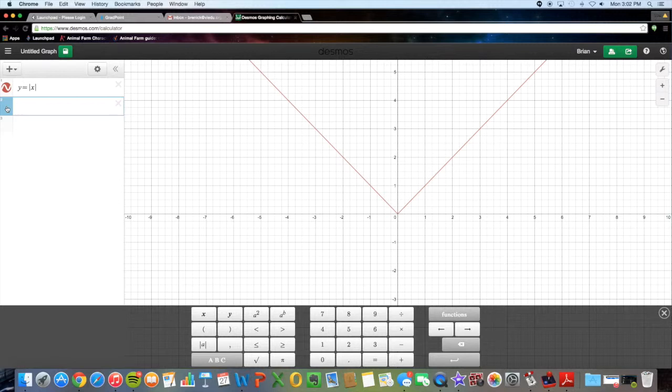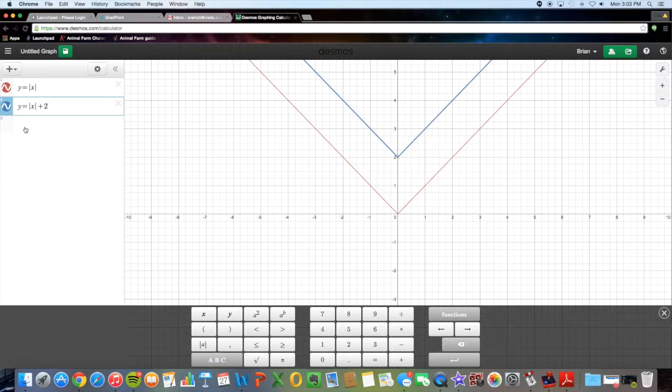What would that look like? Y equals the absolute value of x, and then we're going to add 2. And we see that the graph maintains its shape, and we've got our V there. Our point of origin is now 0, 2 instead of 0, 0. We've translated this graph up vertically 2 units.